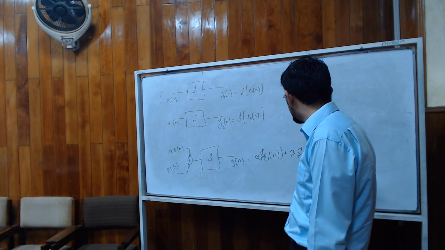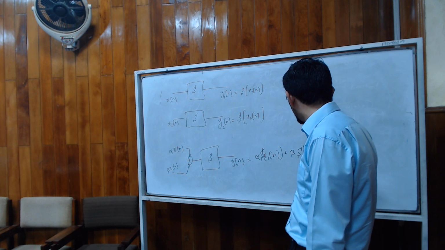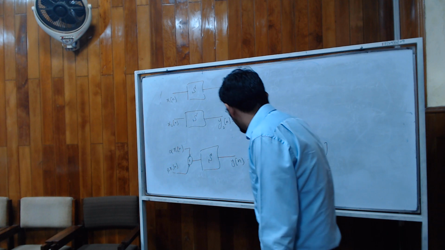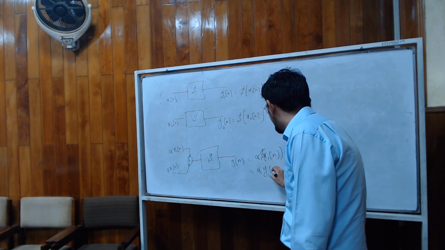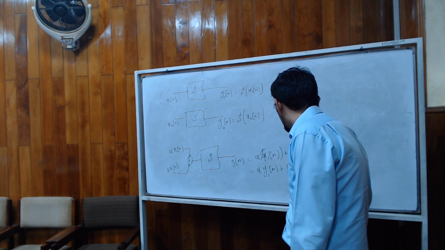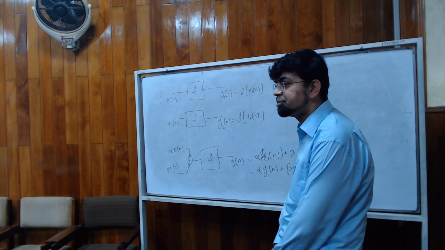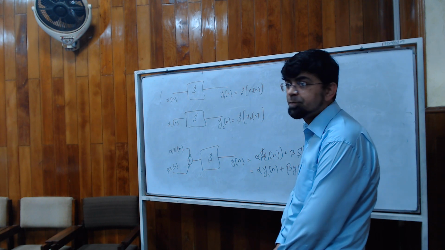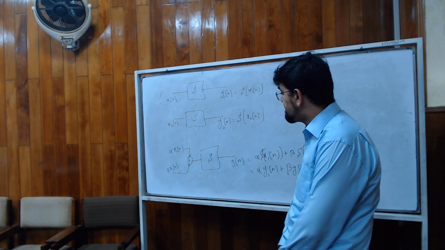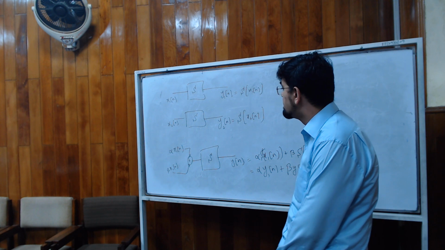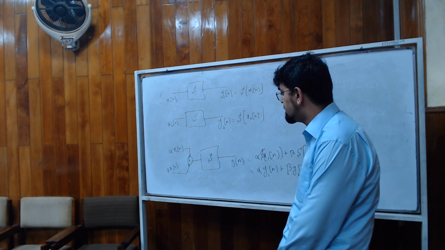Beta S operating on x2, which can also be written, if you have already named these, as alpha y1[n] plus beta y2[n]. Agreed? ऐसे ही है. So this is the simple test that you need to perform to see what happens.